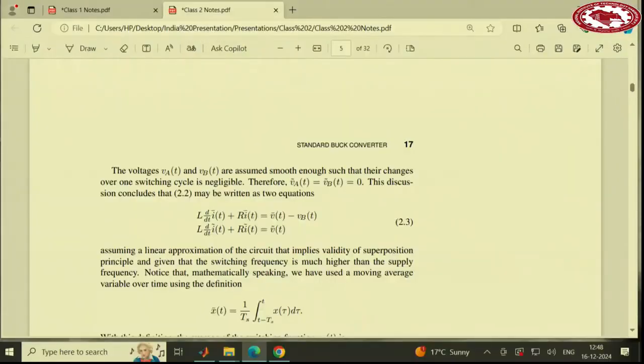So VA and VB only are DC, low frequency, but current, the inductor current, and V across the diode has both components, both DC and AC. So now we can break down the equation into DC and AC.